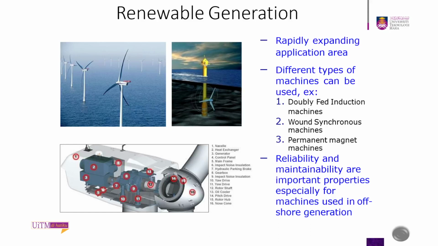Reliability and maintainability are important properties, especially for machines used in offshore generation. Of course, we must make sure that the motor has very high reliability with low maintenance, because we can't afford to do maintenance as frequently as we can at the offshore, right?